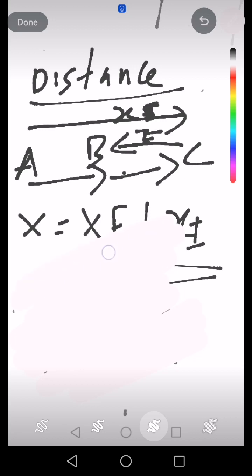The other thing we need to know is displacement. What is displacement? Displacement is the path taken by an object in a specific direction. Just as we said, distance is the path taken by an object.